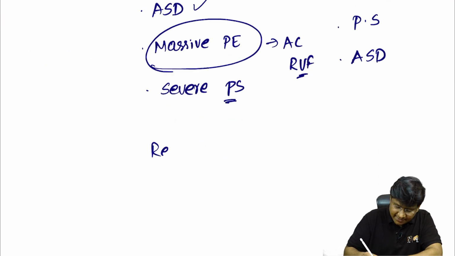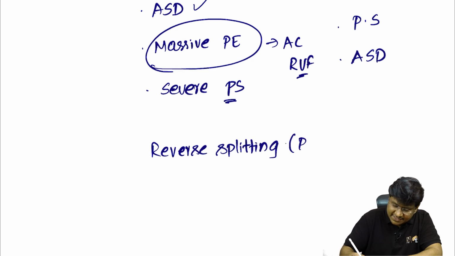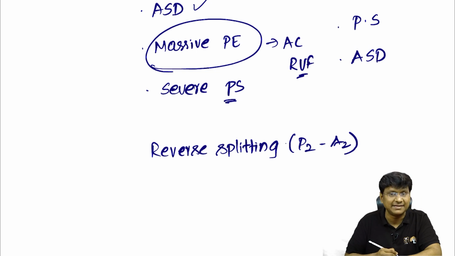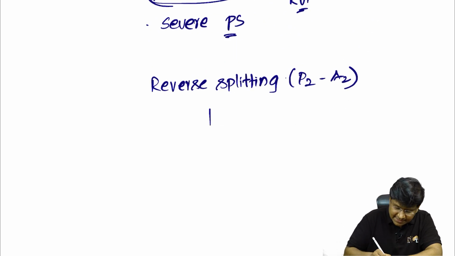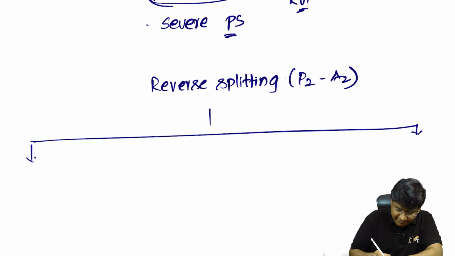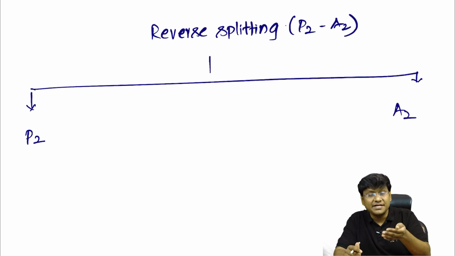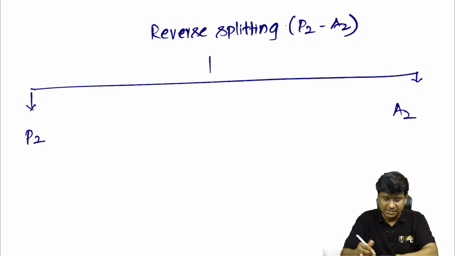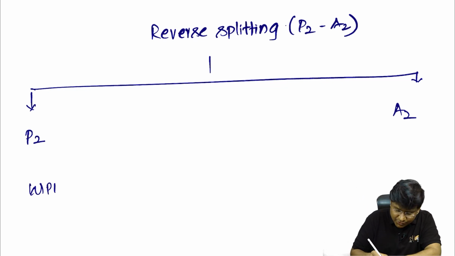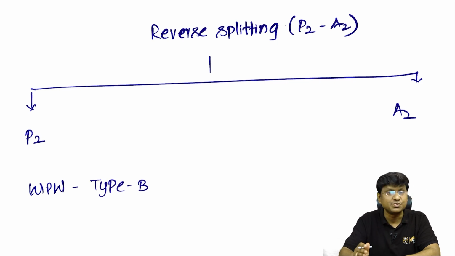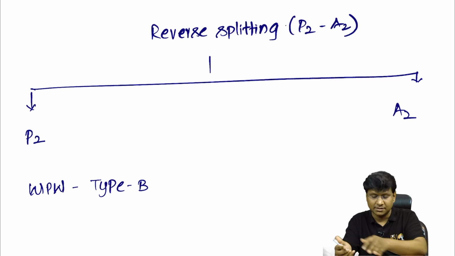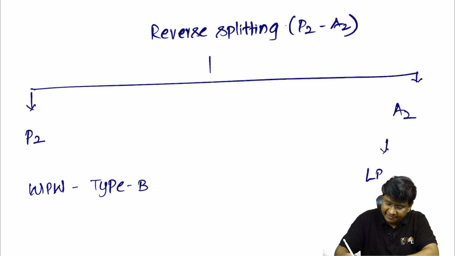Regarding the abnormalities, you need to know the conditions where you will have reverse splitting of the second heart sound. That means you listen to P2 followed by A2. P2 comes first in WPW syndrome, that is Wolff-Parkinson-White syndrome type B, and A2 is heard later in patients with left bundle branch block.